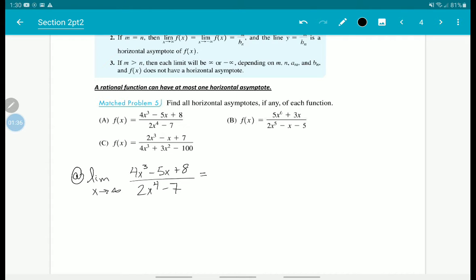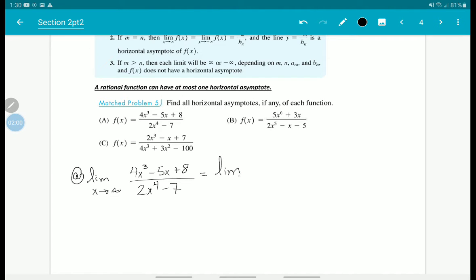I'm going to use that idea that we just talked about with polynomials. So we know that a rational function is a polynomial divided by a polynomial. And we can use that idea that we talked about where we took the limit as x approaches infinity or negative infinity. And we really just looked at that first term, that leading term, if you will.